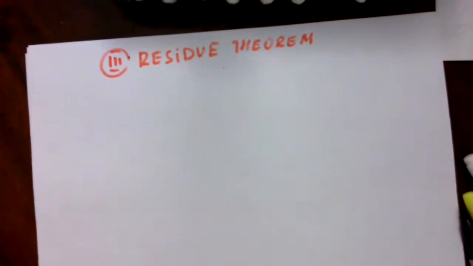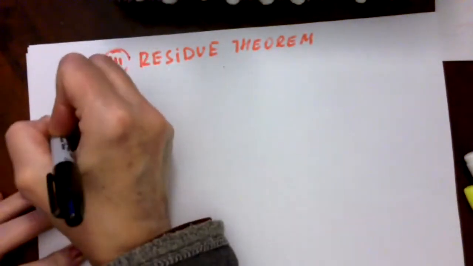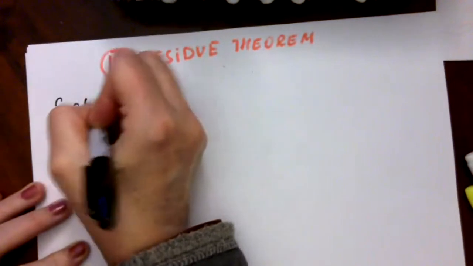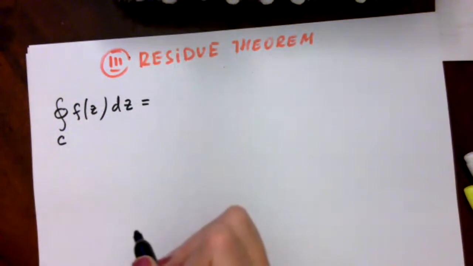So how does this theorem go? Let's write down this formula. Let's imagine that we are given some integral along a closed contour of some function f of z dz.